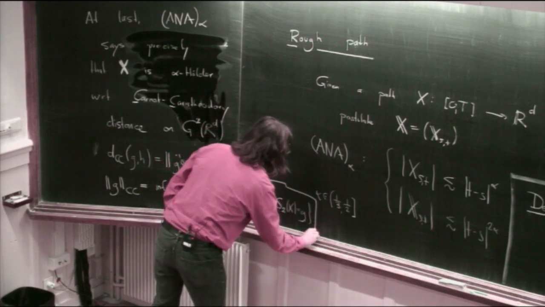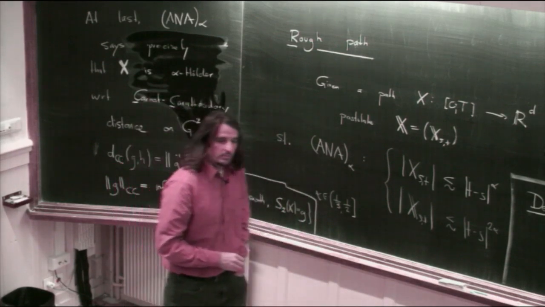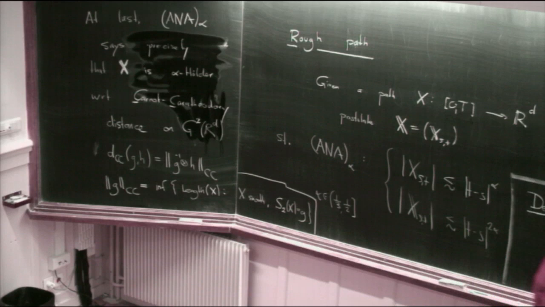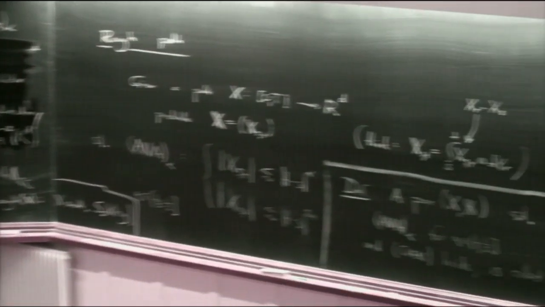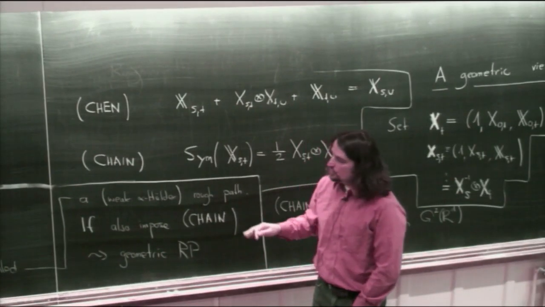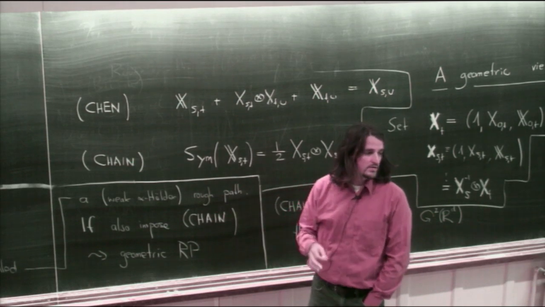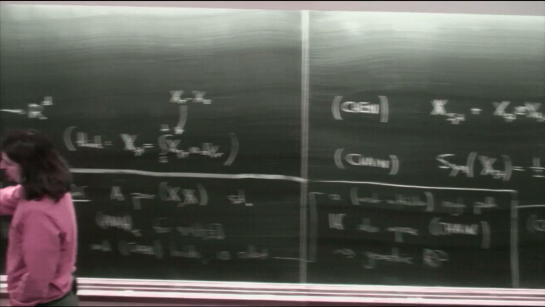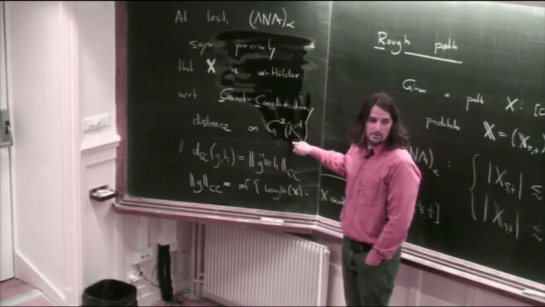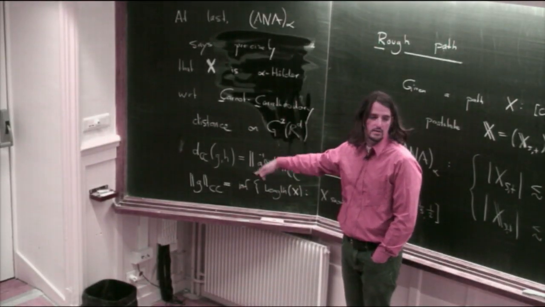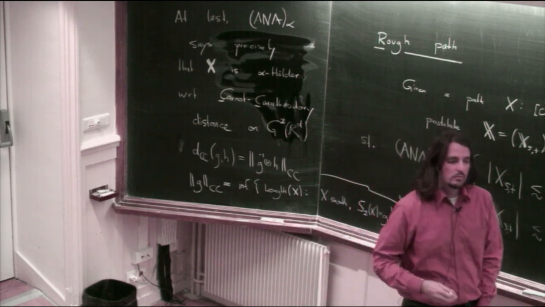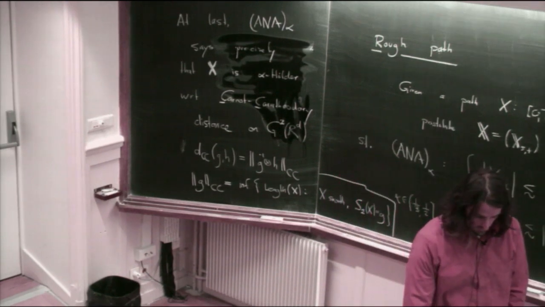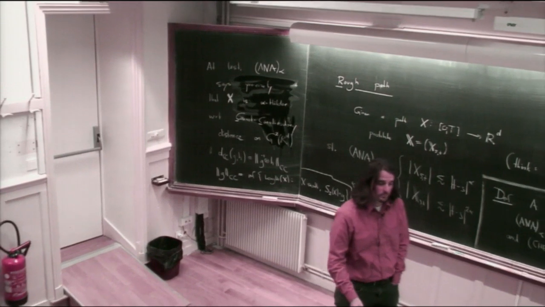Okay. So now this is a pretty picture. It means a weak alpha-Holder geometric rough path is no weird object after all. It's simply an alpha-Holder continuous path in a certain Lie group, which is alpha-Holder with respect to the Carnot metric that's well defined on this Lie group. So it's a quite pleasant concrete object.